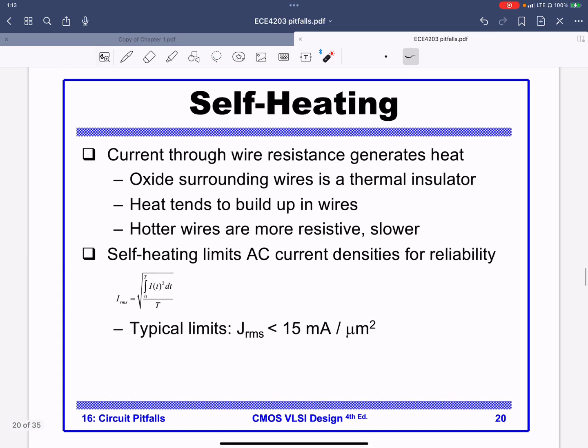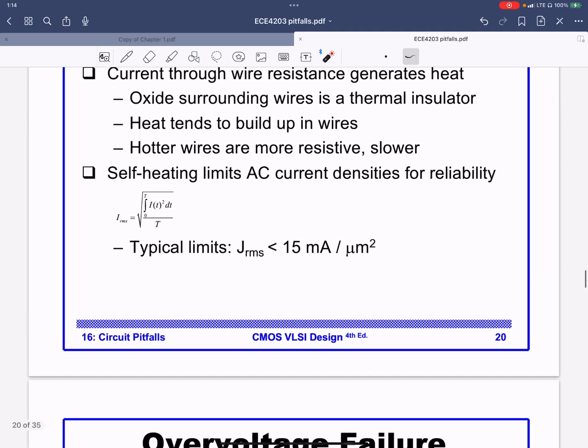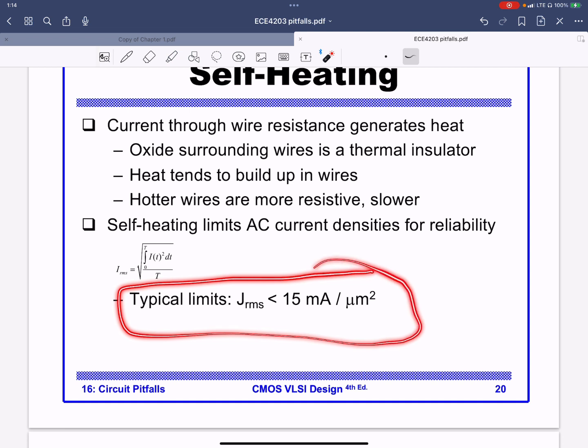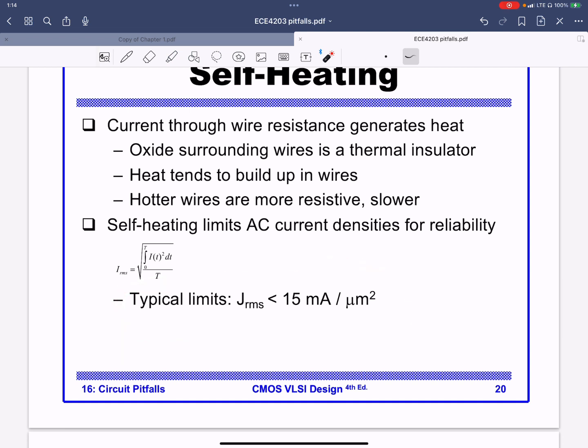I haven't seen this particularly, but it's possible that if you run too much current through a wire, it would heat and make the wires more resistive. I can't say I've run into this, because I think you try to make your wires a little bit wider just for electromigration. So I'm not sure I've ever seen this.